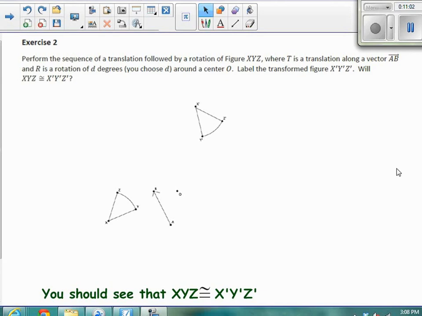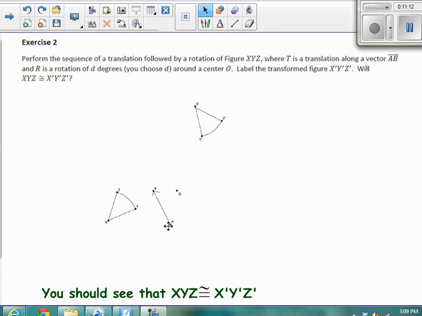Okay, for this exercise, they told you exactly what to do: a translation followed by a rotation of figure XYZ, where T is the translation along vector AB.